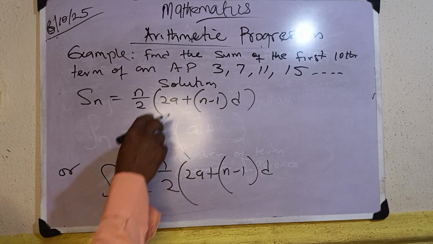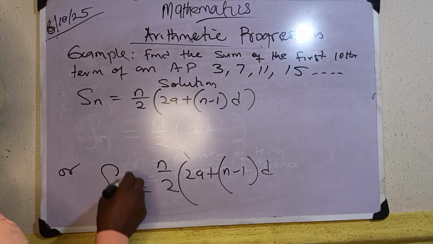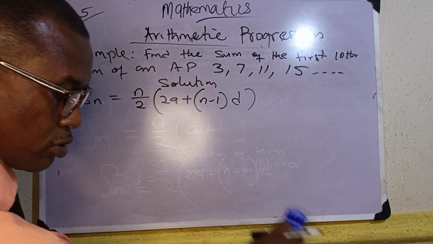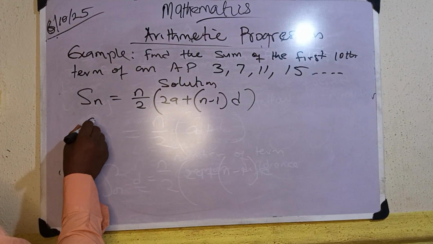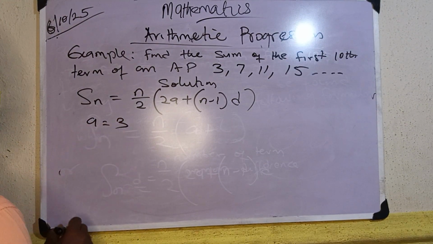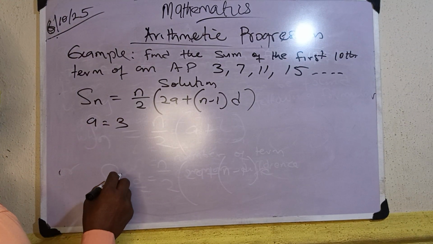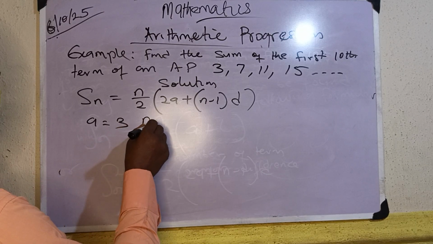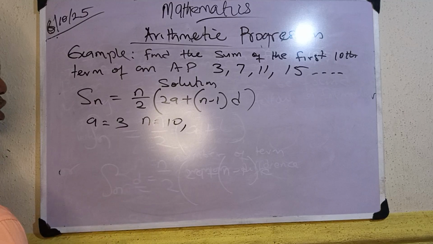If you look at this question very well, what's our first term? 3. So a is equal to 3. Our n is 10. What about the common difference?